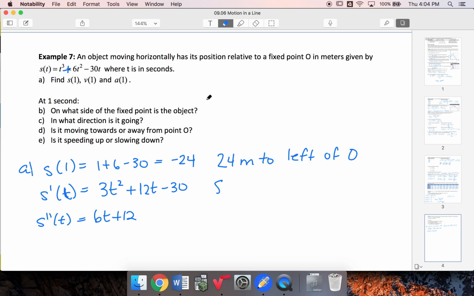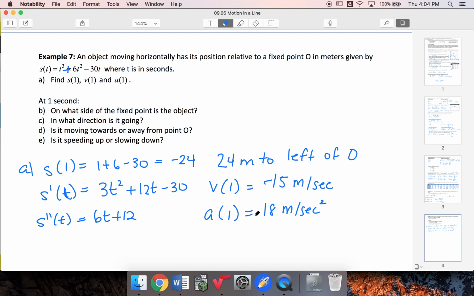Let's go ahead and find my velocity at 1. So my speed at 1 second is going to be 3 plus 12 is 15 minus 30. That's negative 15 meters per second. So I'm continuing on to the left, 15 meters every second. My acceleration at 1 is going to be 18 meters per second squared.